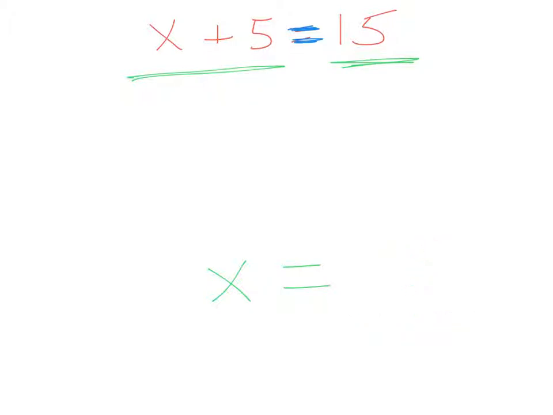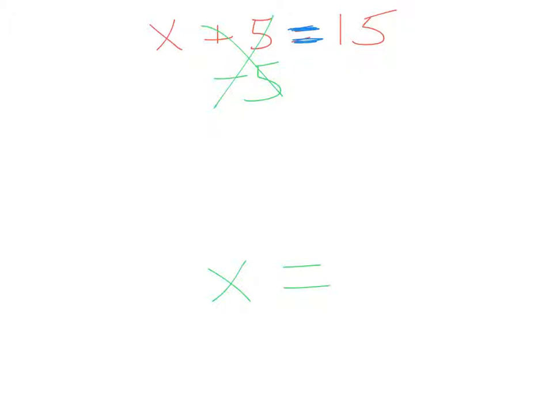In other words, I need to remove that 5 from the left side of the equal sign. And how we remove something from a problem is I do the opposite of what's being done. Because I want to get rid of the 5, and the 5 is being added to my x, I'm going to have to subtract it from my x. So I'm going to subtract 5, and that's going to cancel out those 5s, since it's the opposite. But we also have to remember what equals means.